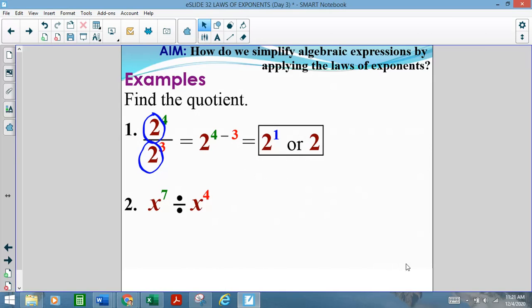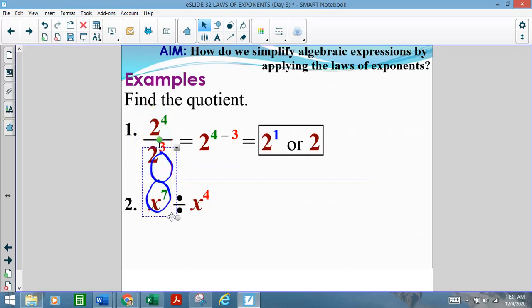Now we have x to the 7th power divided by x to the 4th power. Why don't you pause the video and try to do it on your own? Okay, so what is x to the 7th power divided by x to the 4th power? Do they have the same base?